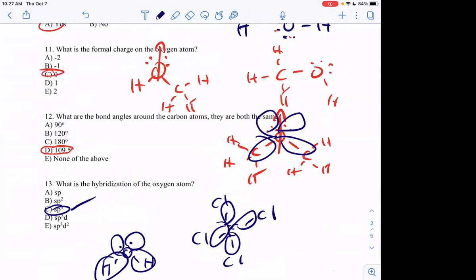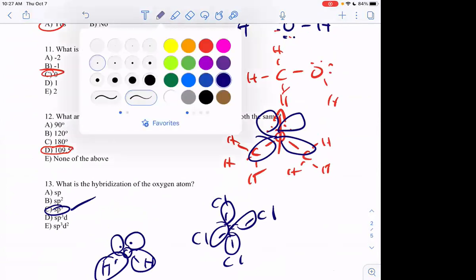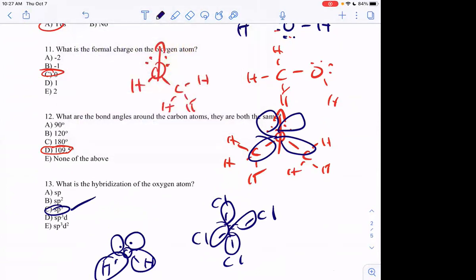Both are the same. So what you have here is tetrahedral. You've got a carbon. This is really no different than methane, right? And that's just tetrahedral. The fact that it's bonded to an oxygen on one end doesn't matter. It's still tetrahedral.